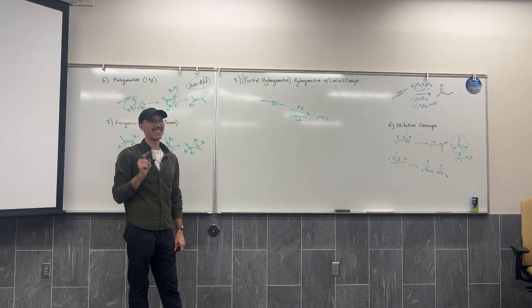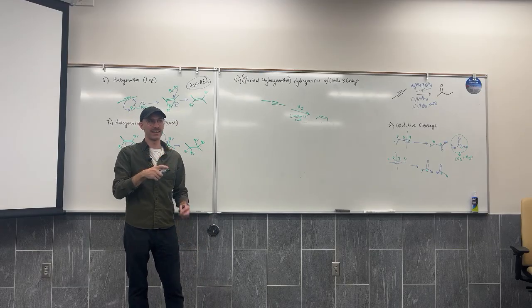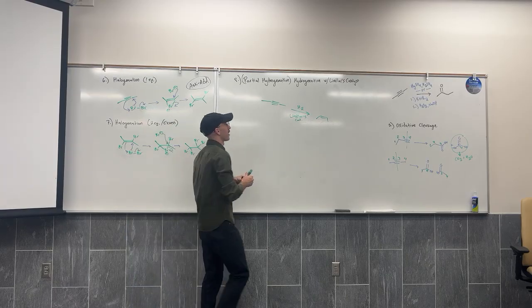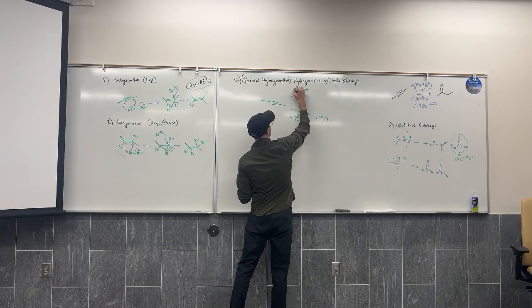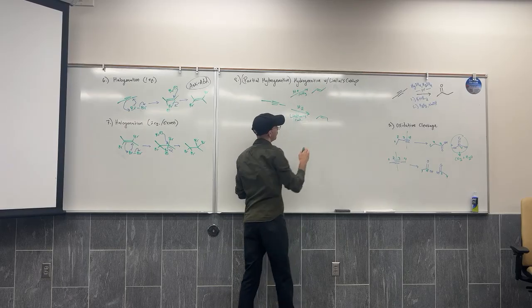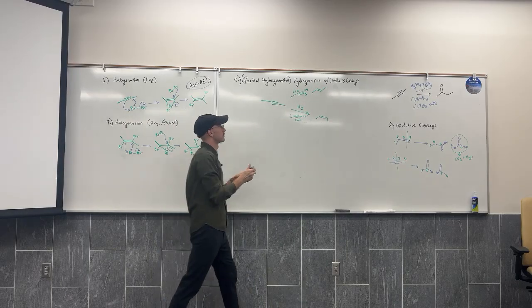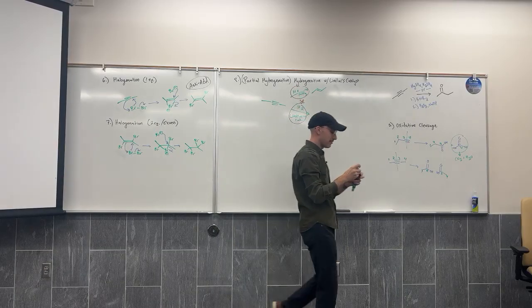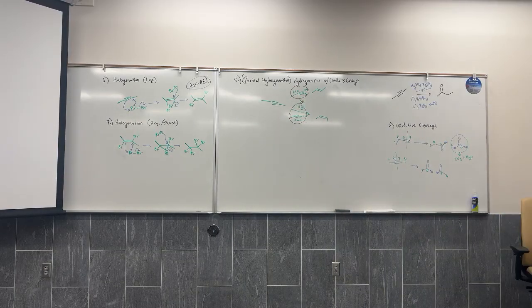So the cis alkene is formed by this reaction. And the one that goes up to the right to the trans alkene, that should be sodium and ammonia. I'm sorry.